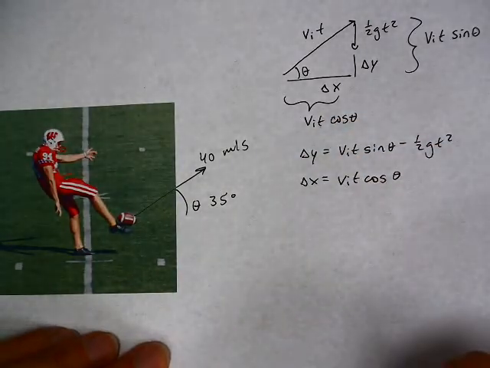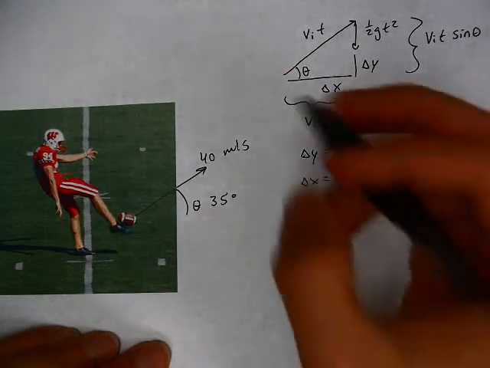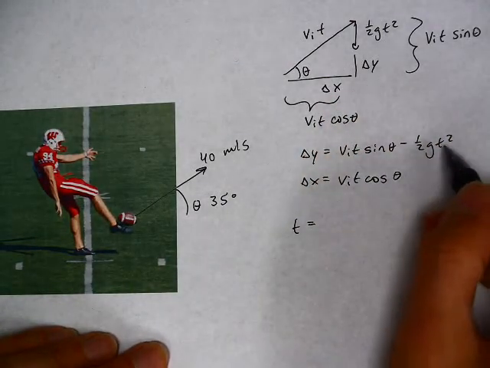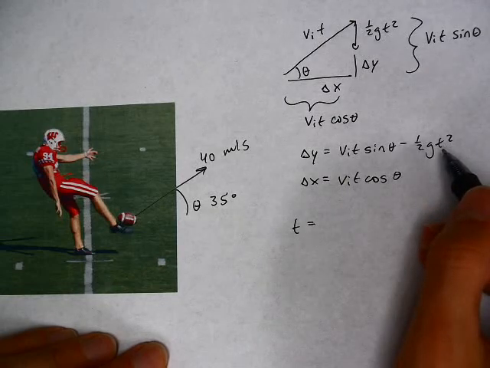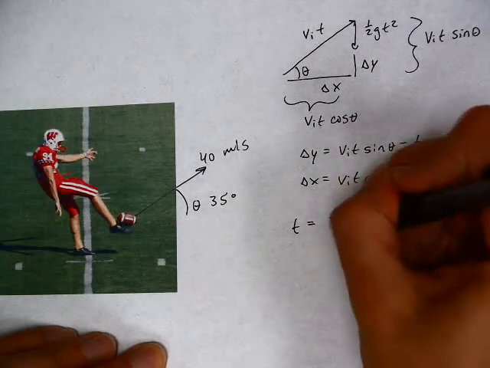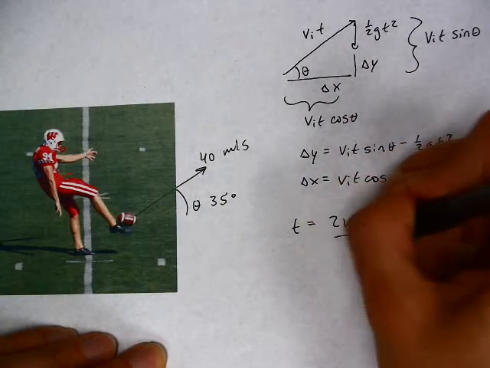Find t. And now that you've found it, because you paused the video, setting delta y equal to 0, t would equal 2 VI sine theta over g.